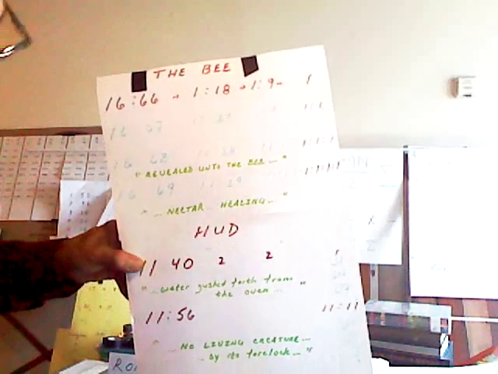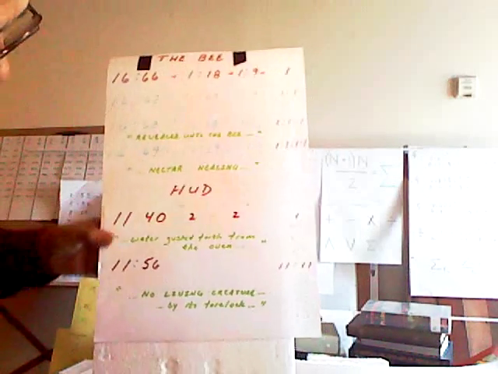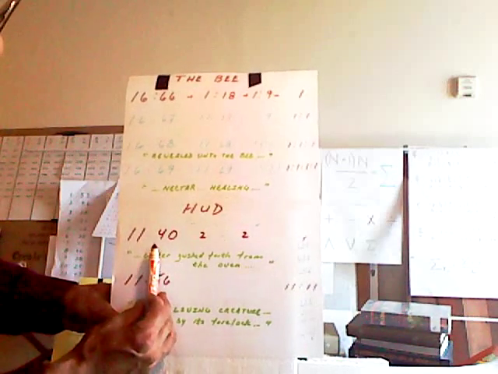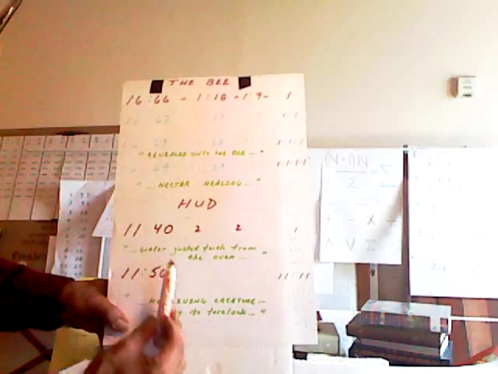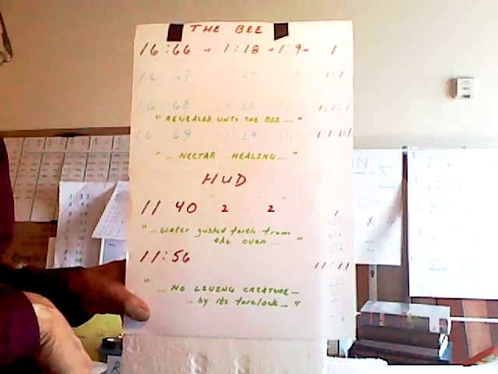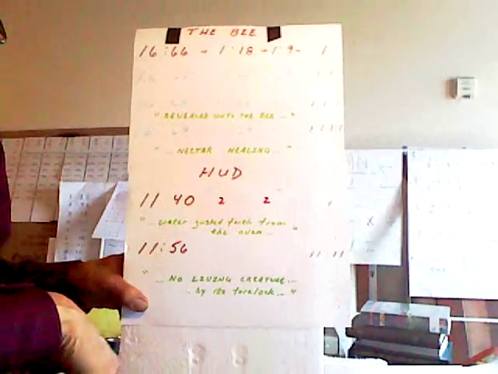And that's interesting because, well, there it is. I kind of mentioned a lot about that. Now, this is really interesting, this one, Hud, because this is the 11th chapter of the 11th surah of the Quran. And you'd be just amazed if you looked at what the explanation is for water gush forth from the oven.